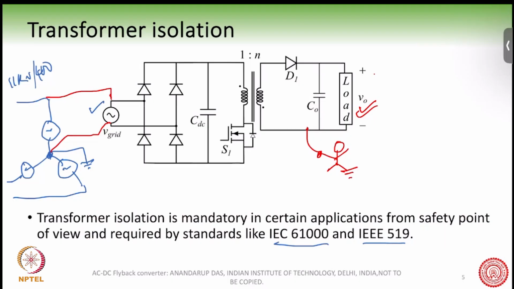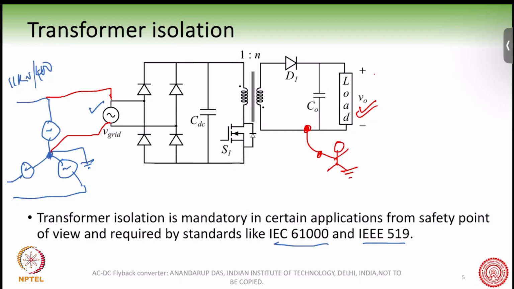Here you can observe one thing: in spite of the fact that your hands are getting connected to some part of the circuit, under ideal condition, when you have full isolation from the transformer, no current can flow because there is no closed path for the current to flow.